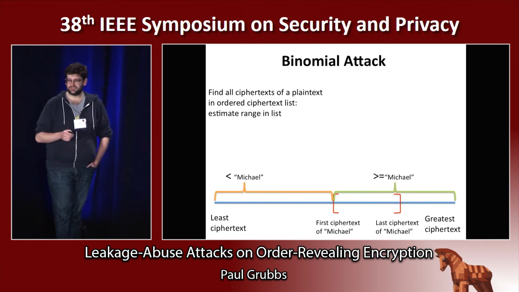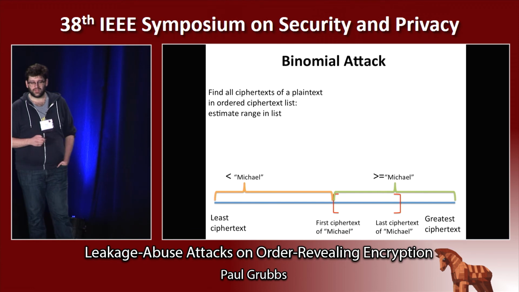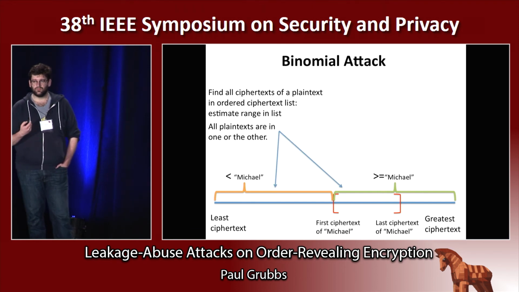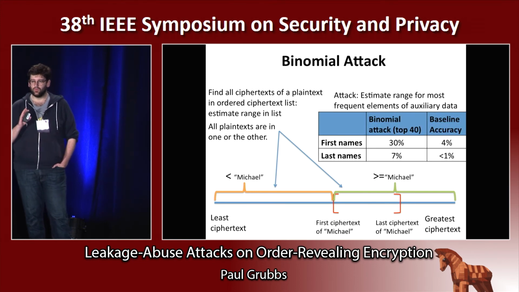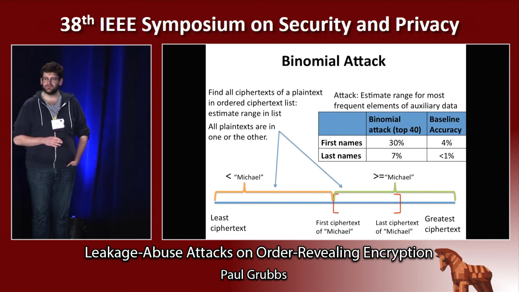This allows us to treat the problem as a kind of binomial distribution, where we have a coin where heads indicates that the plaintext is less than Michael, and tails indicates that it's greater than or equal to Michael. And we can estimate the position of the first Michael basically just by flipping this coin for each plaintext in the database.